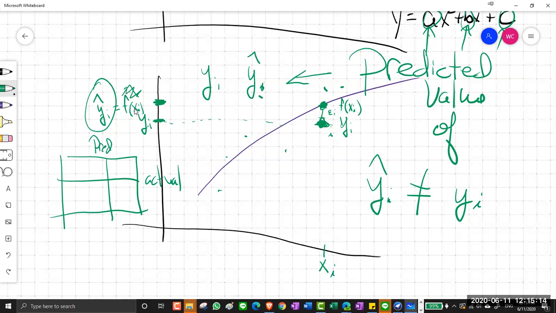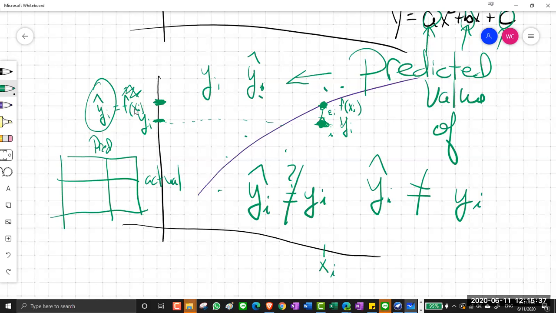Okay, so yi hat, is it equal to yi? Plus error? What? Are they equal? No, not equal, right? I mean, they could be equal, maybe.